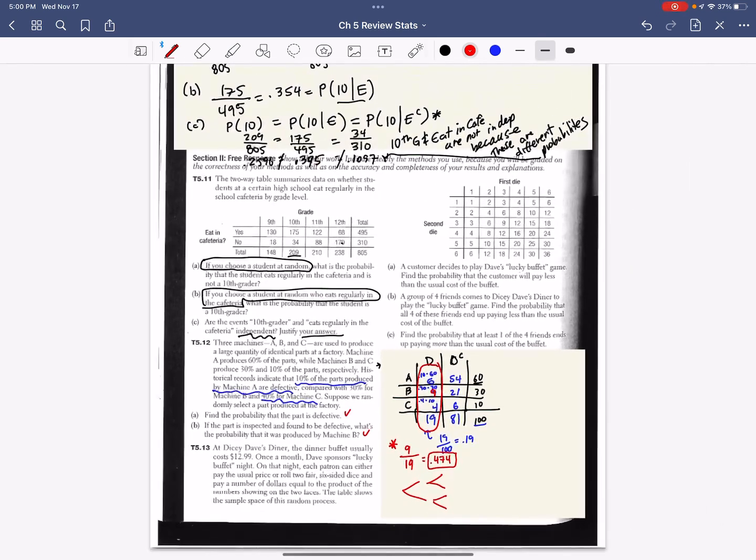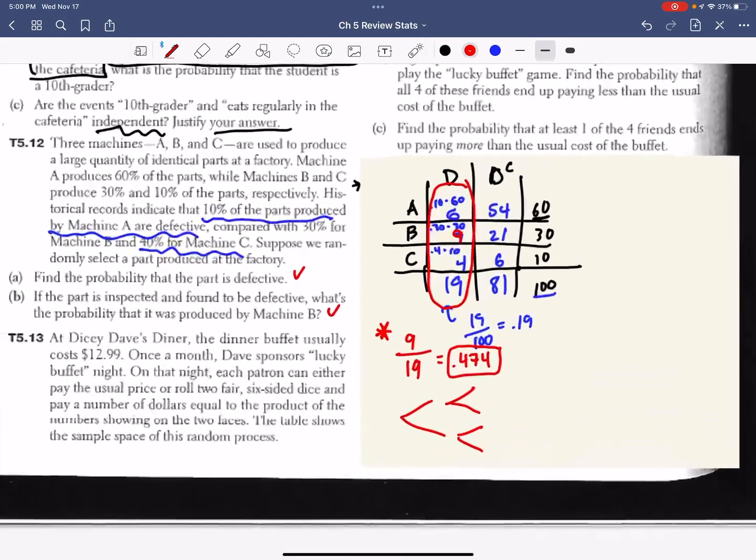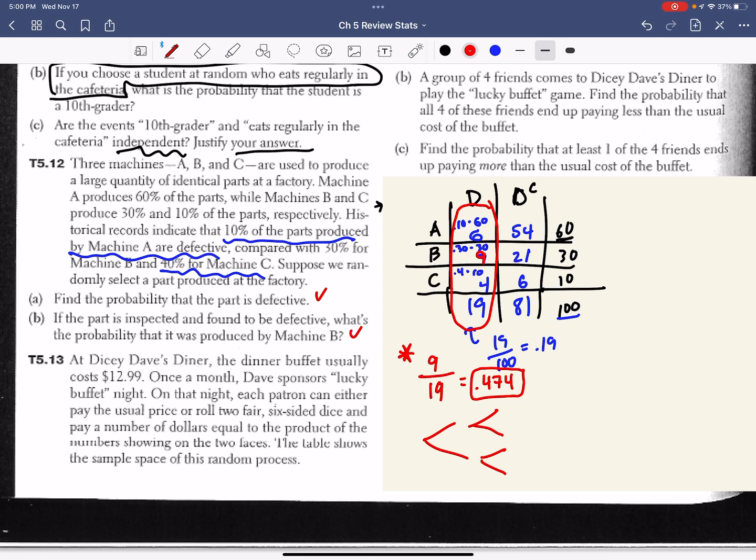Okay. Question number 13. At Dicey Dave's Diner, the dinner buffet usually costs $12.99. Once a month, Dave sponsors a Lucky Buffet Night.